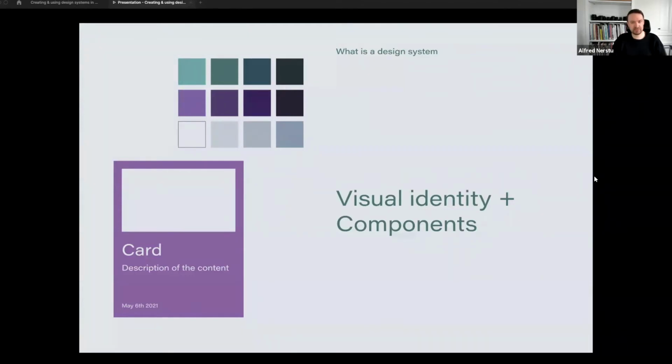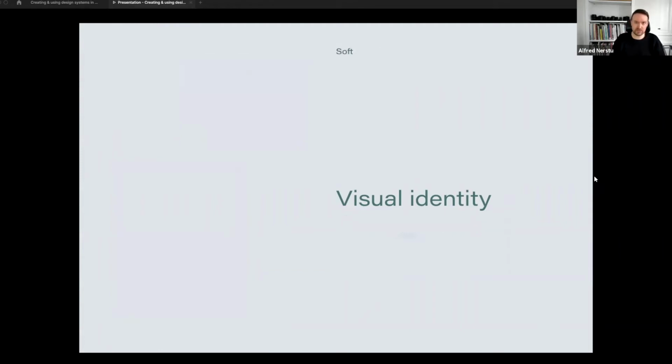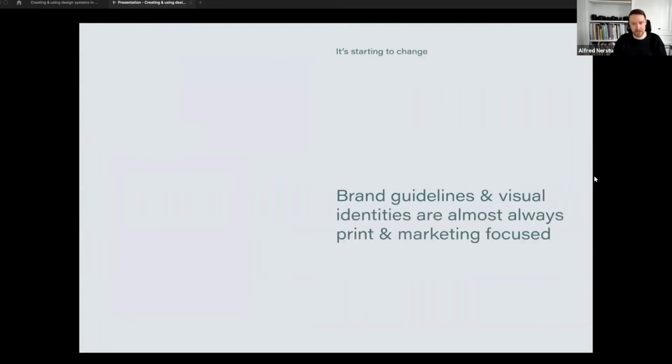Yeah, so this is a simplified way of looking at it, but I'm thinking it's the visual identity part, which is the soft part, and then there are the components, the actual building blocks, the hard part. So let's start talking a little bit about the visual identity.